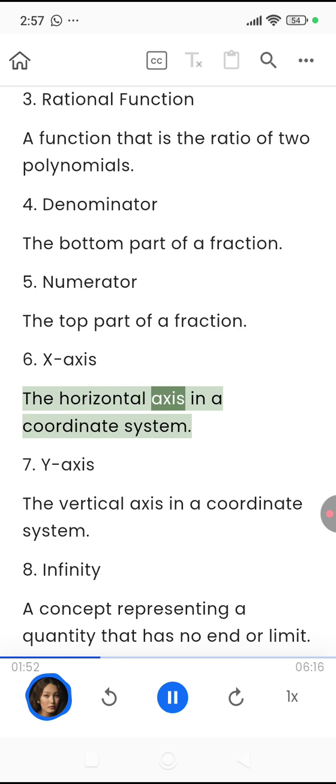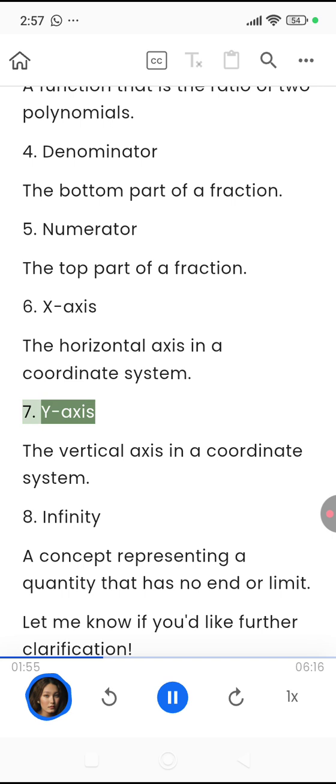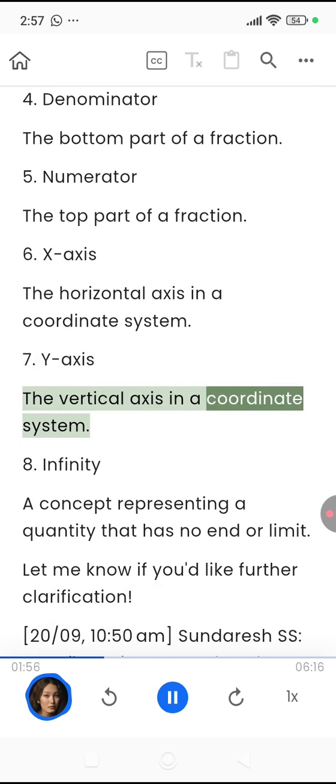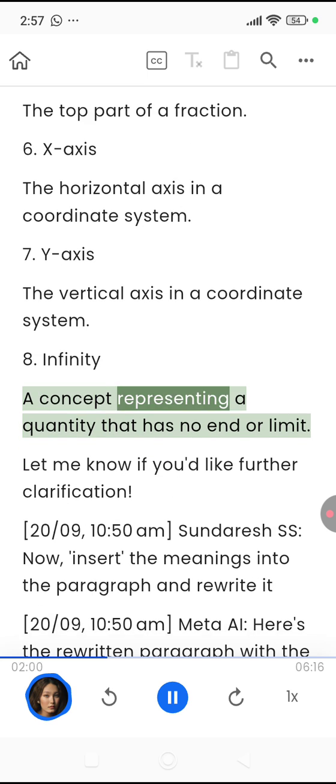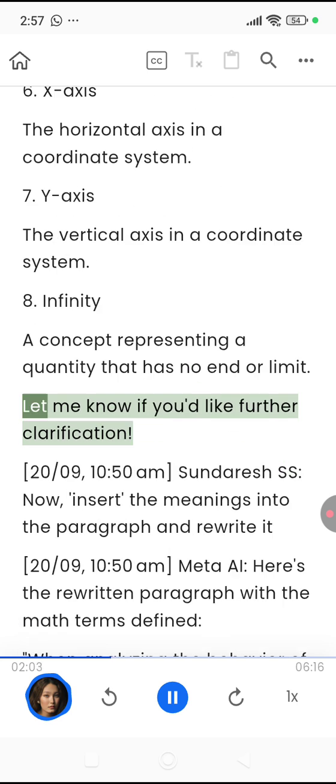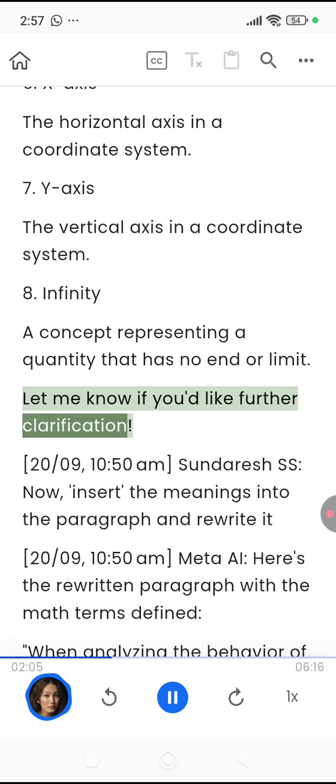The horizontal axis in a coordinate system. 7. Y-axis. The vertical axis in a coordinate system. 8. Infinity. A concept representing a quantity that has no end or limit. Let me know if you'd like further clarification.